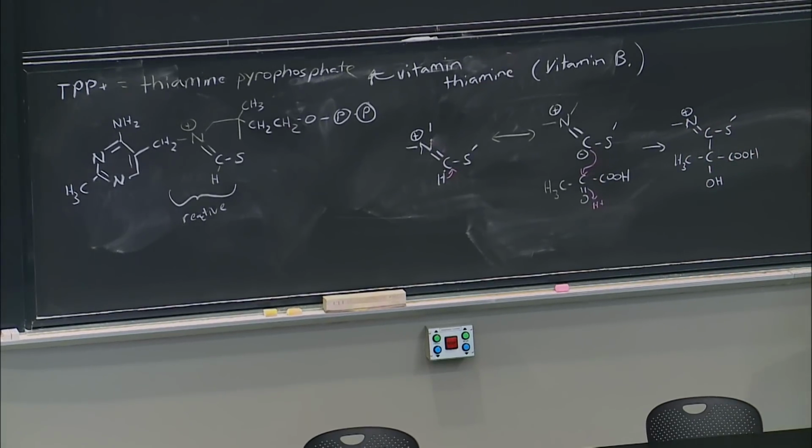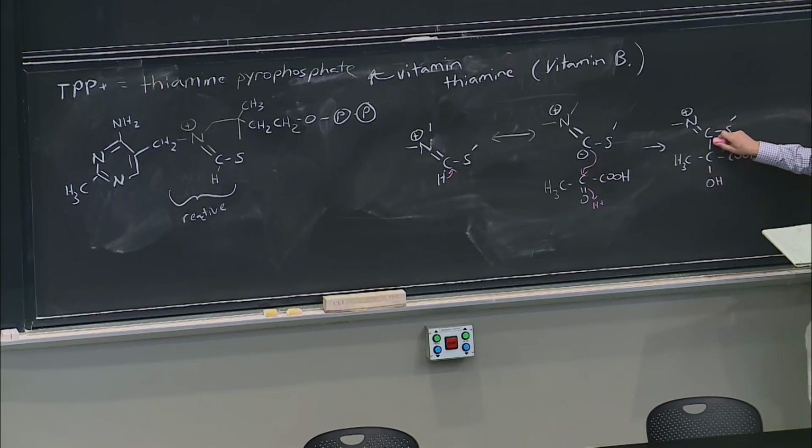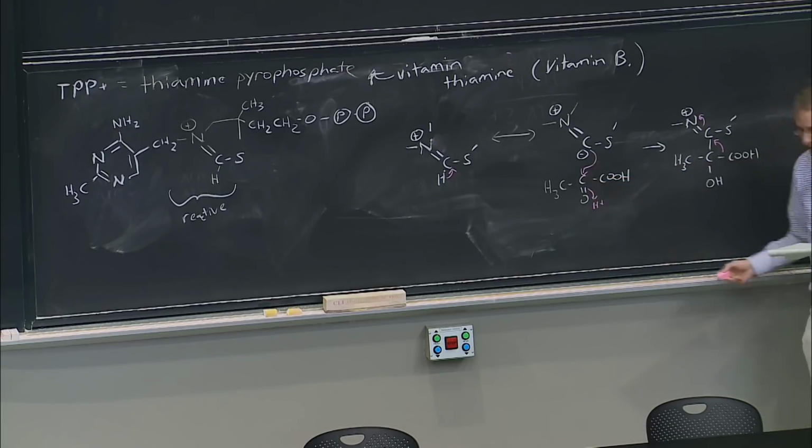And then this intermediate now becomes favorable for decarboxylation of the CO2 that's alpha to the ketone.